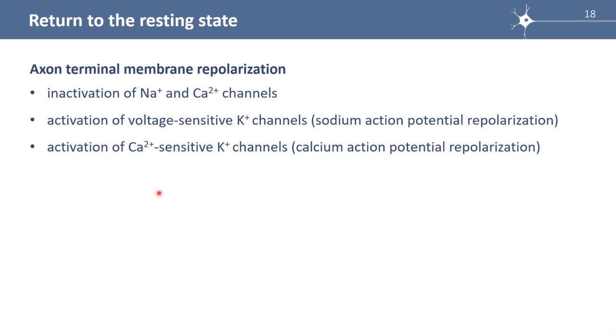We did not say that before, that we have a calcium action potential. It's because when calcium ions go in, they depolarize the membrane, and this can be called a calcium action potential.